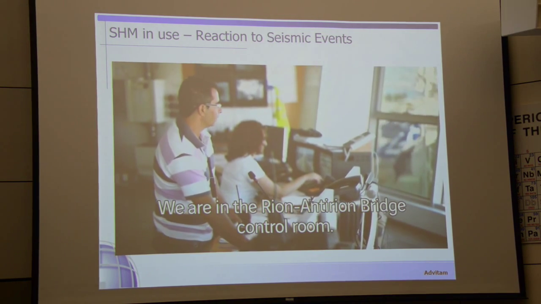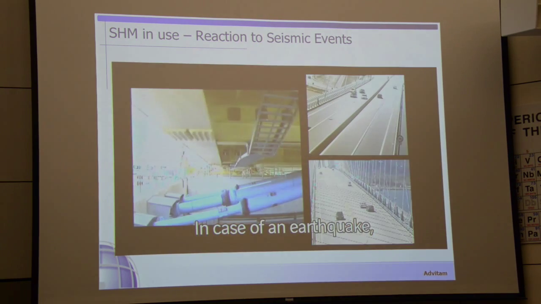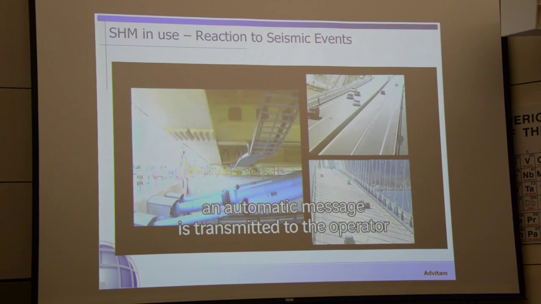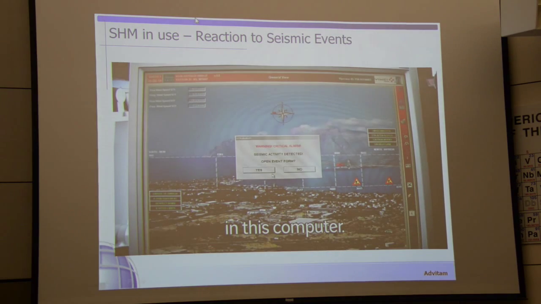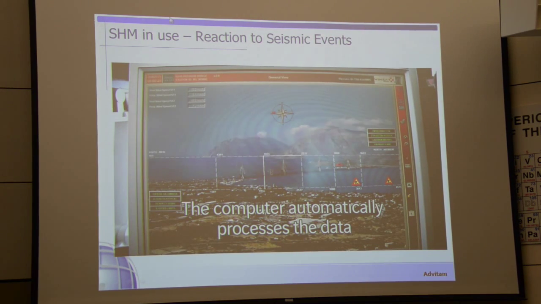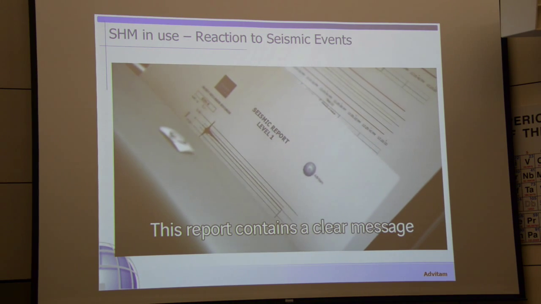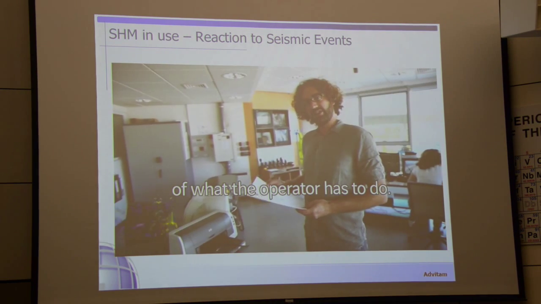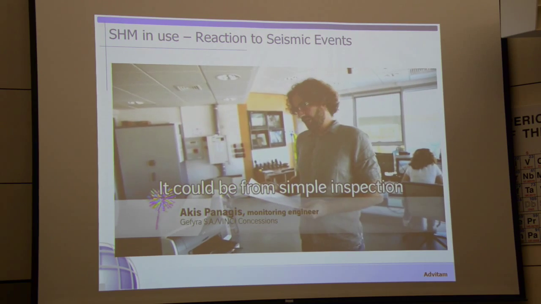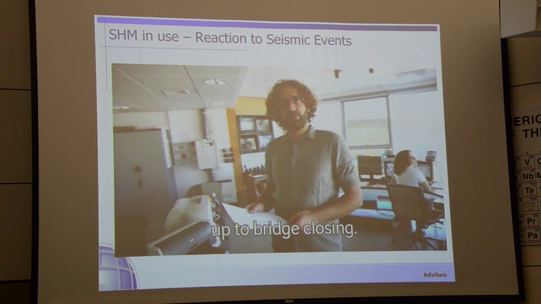We are in the Rion-Antirion Bridge control room. In case of an earthquake, an automated message is transmitted to the operator on this computer. The computer automatically processes the data and prints a report. This report contains a clear message of what the operator has to do. It could be from a simple inspection up to a bridge closing.